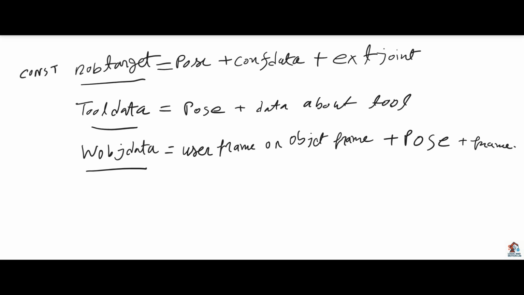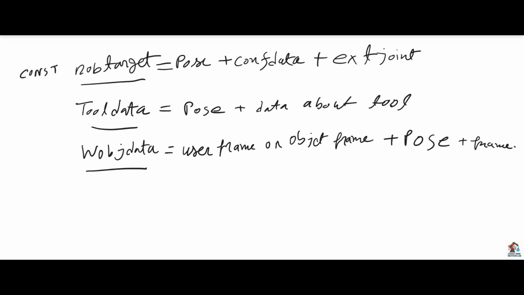Now tool data and work object data can both be changed, but it's also important that we hold the last data for us. Otherwise, if we lose the data of the TCP, then we need to find the TCP again. Normally if you change the tool or make it shorter or bigger, you need to figure out the TCP again.